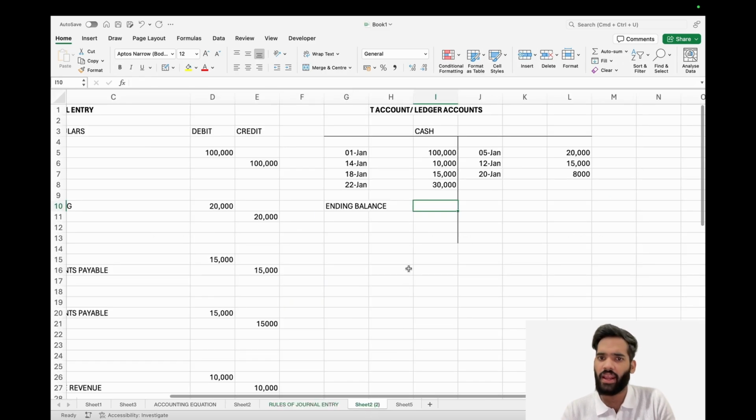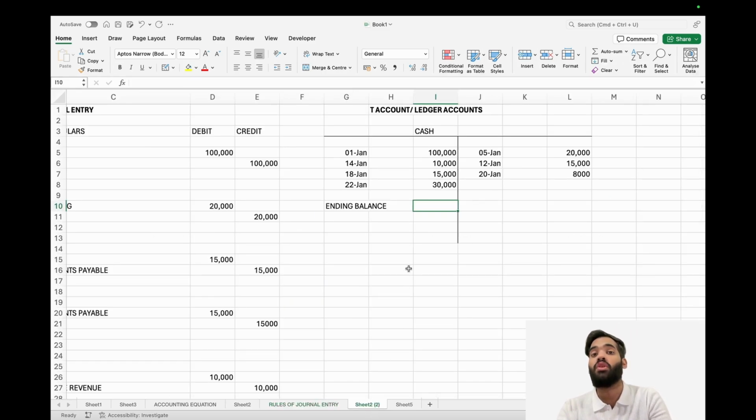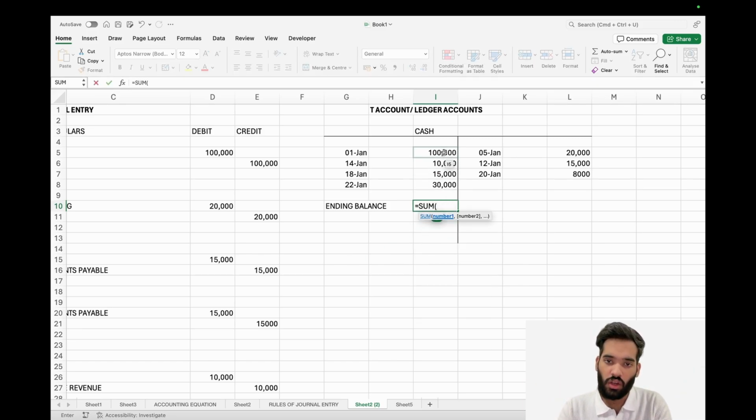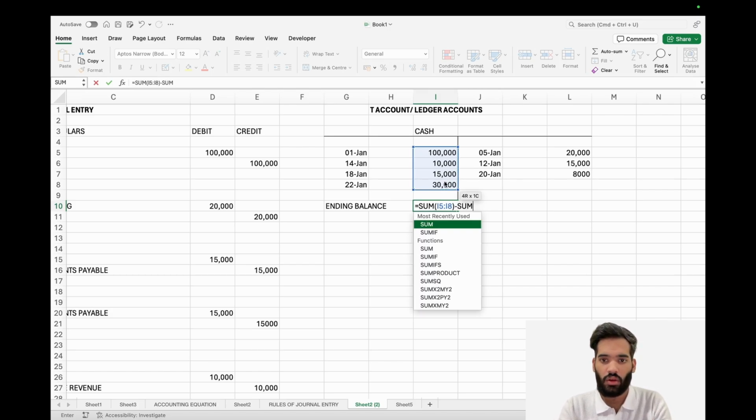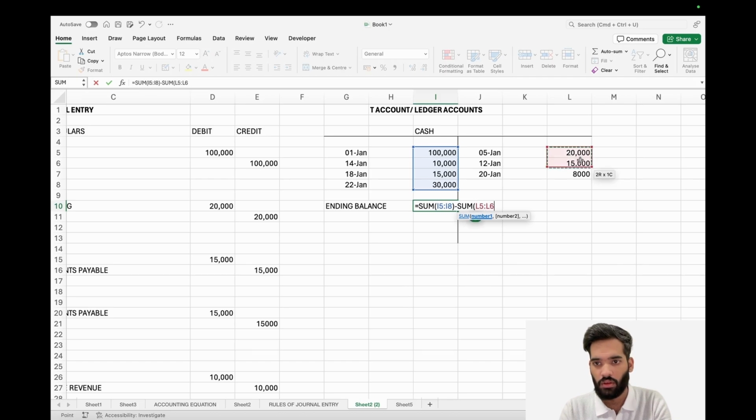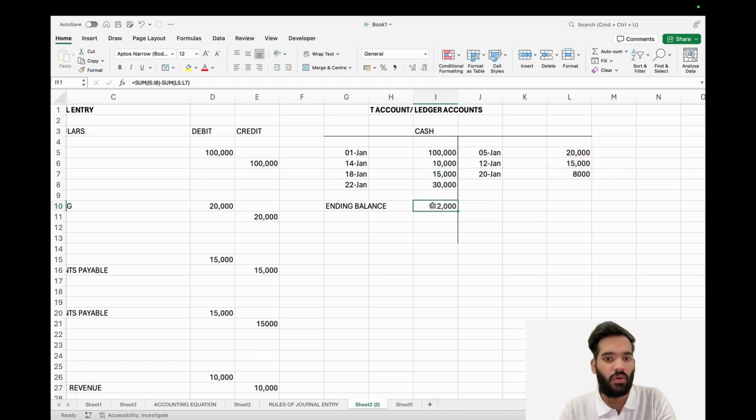So just to repeat that again, to find the ending balance, we do the total of the increase side minus the total of the decrease side. So in this case, total of this side minus total of this side. If I press enter, I just found out how much total cash I have after I've been through all of these transactions.